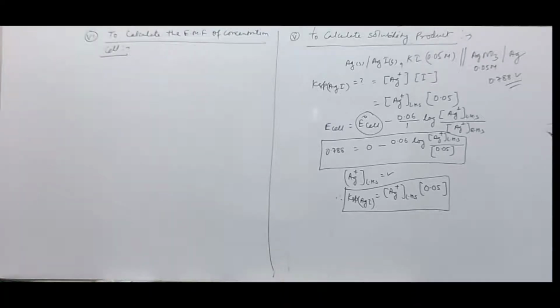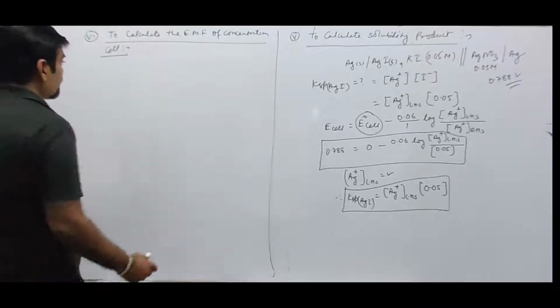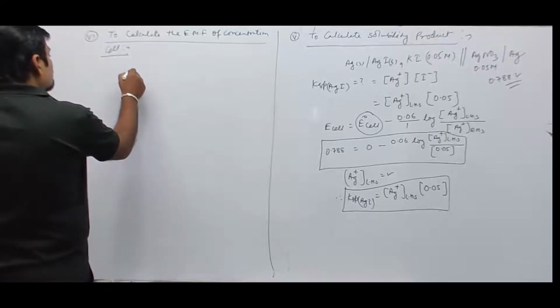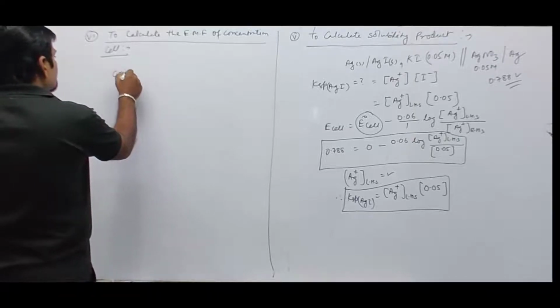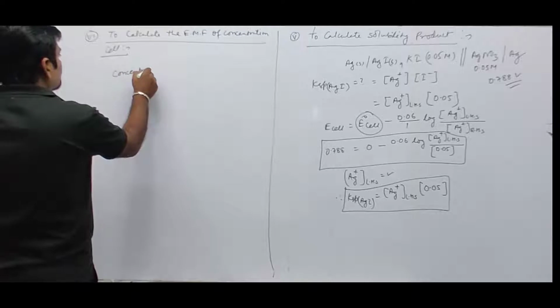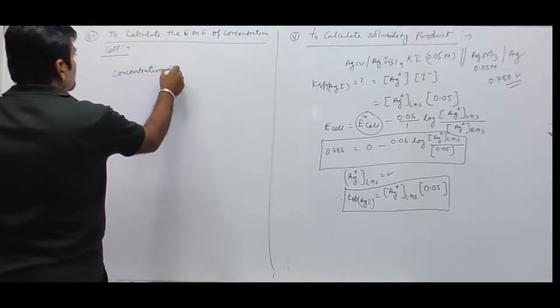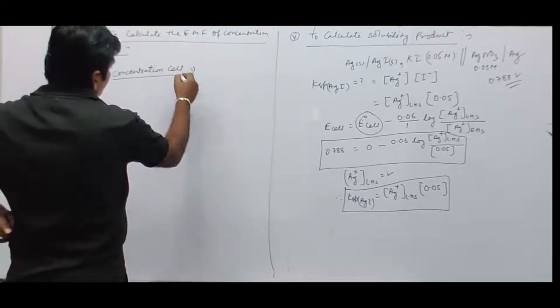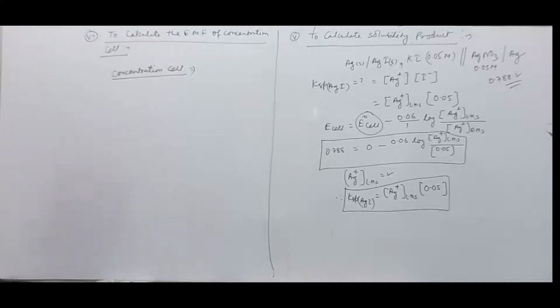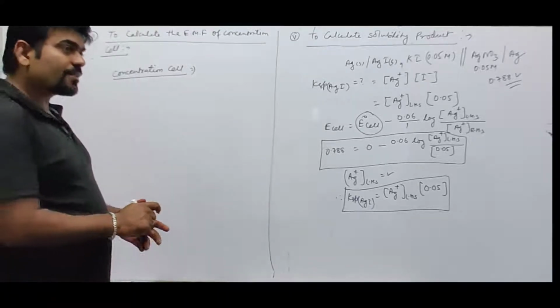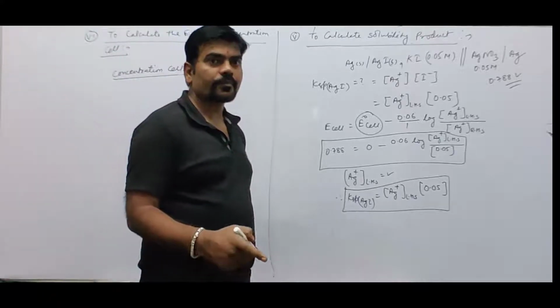If you want to calculate the EMF of a concentration cell, what is there? So what is a concentration cell? A concentration cell has two same electrodes present in same electrolytic solutions.